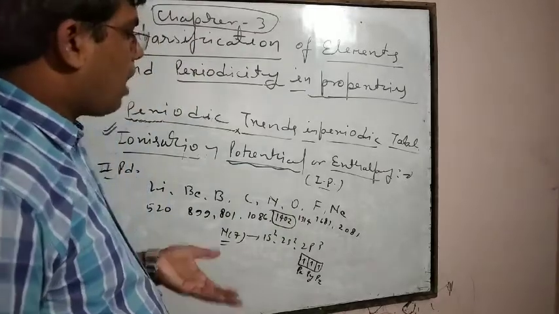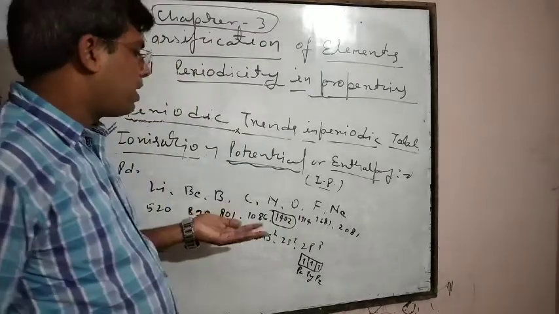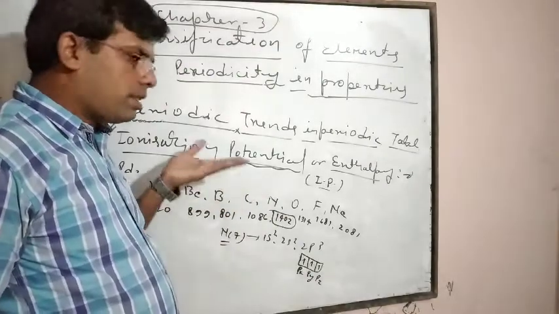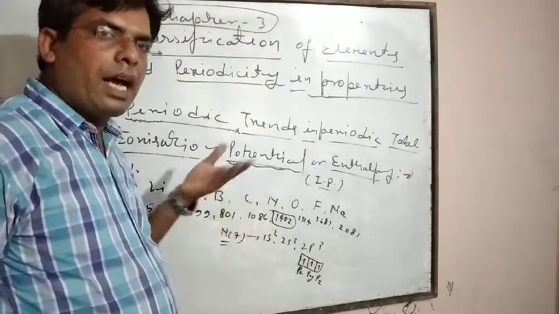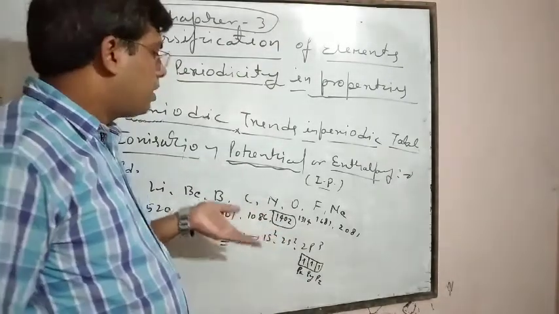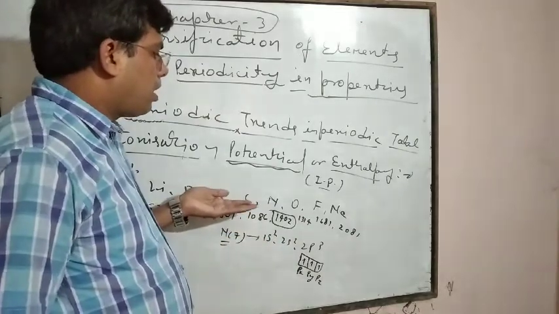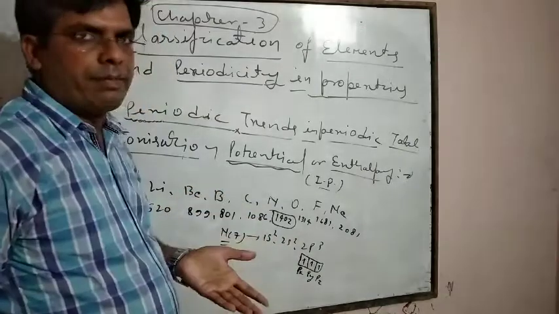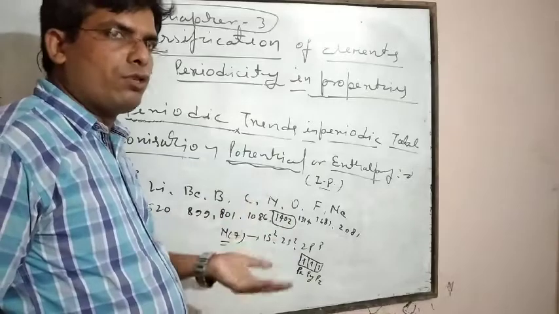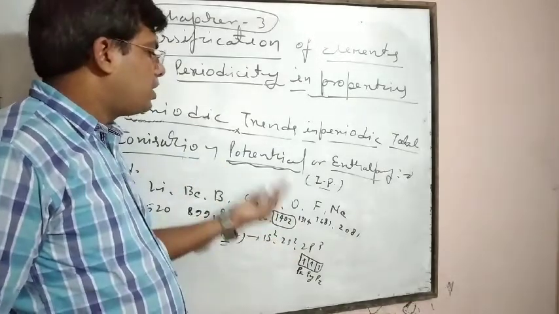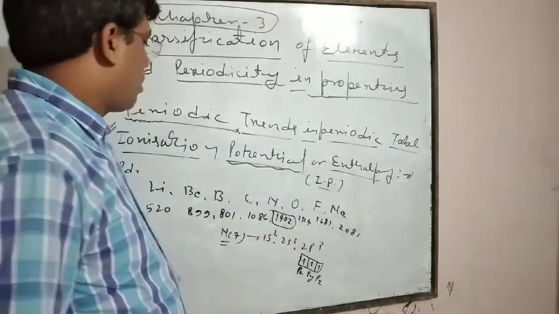So due to half filled and full filled atomic orbitals, some elements have a comparatively high value, even though they have a bigger atomic radius compared to the corresponding consecutive atom.